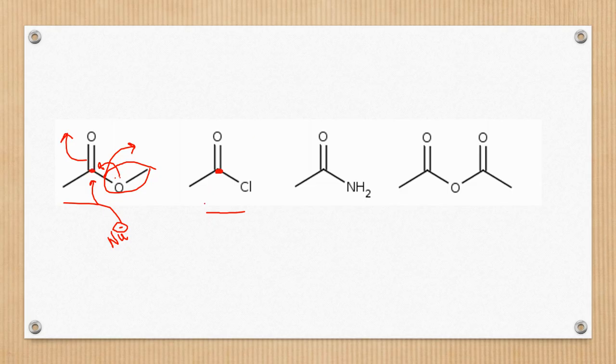Then coming to acid chloride, due to the electronegativity of the chlorine, it will make this center highly electrophilic. It will take the electron density towards itself. So the electrophilicity at this carbon is higher, and Cl minus is also a good leaving group.